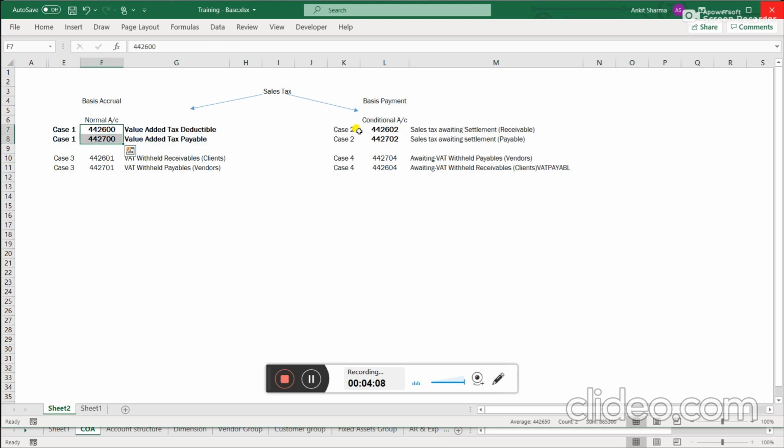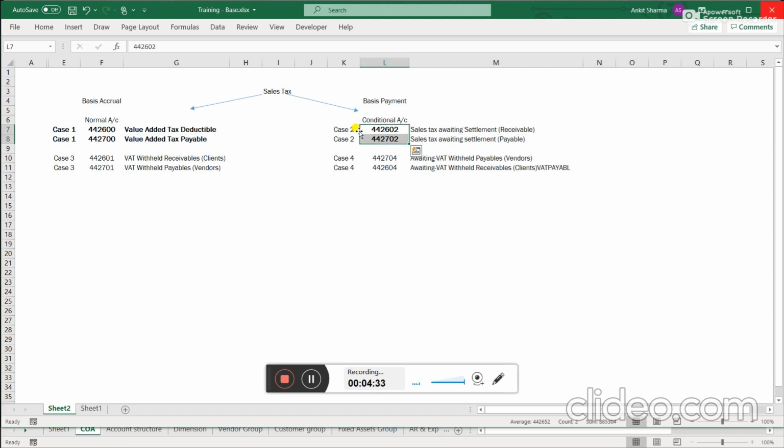When you have a normal VAT on accrual basis, it's very simple. You just select the VAT code and you take the credit, and you have a VAT output. But in case this VAT input or output is available only on the payment basis, meaning you can use the credit while settling the tax liability to the tax authority only when it has been paid, you have to select the conditional VAT codes.